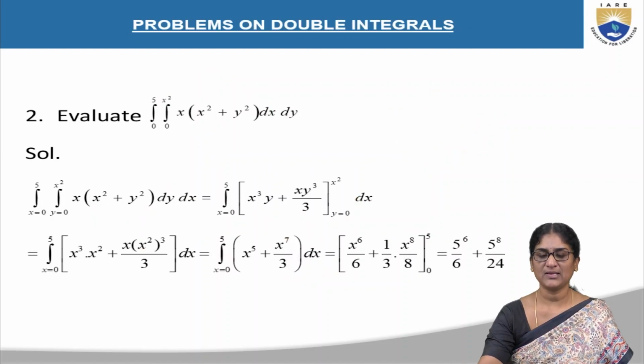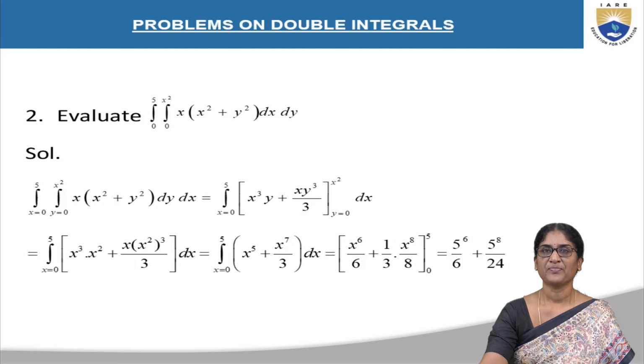Now, going to another example of a double integral. Here the function is x into x squared plus y squared, dx dy. Now here, both the limits are not fixed limits. One is a fixed limit and the other is a variable limit. So in that case, we have to choose which variable the limits belong to.